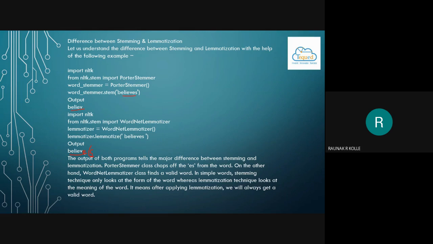The Porter stemmer class chops off the ES from the word. On the other hand, the WordNet lemmatizer class finds a valid word, that is, a removal of the suffix S and not the suffix ES. In simple words, the stemming technique only looks at the form of the word, whereas the lemmatization technique looks at the meaning of the word. It means that after applying lemmatization, you will always get a valid word.